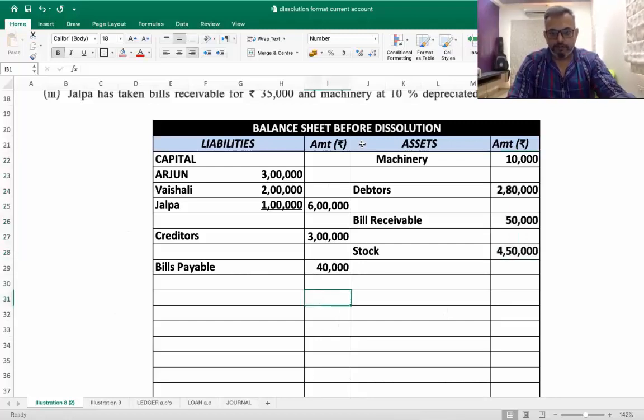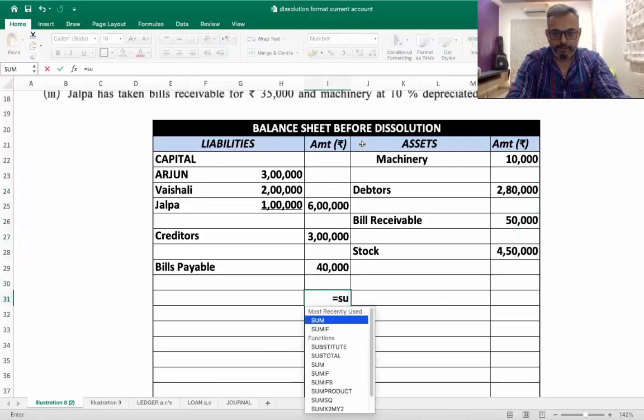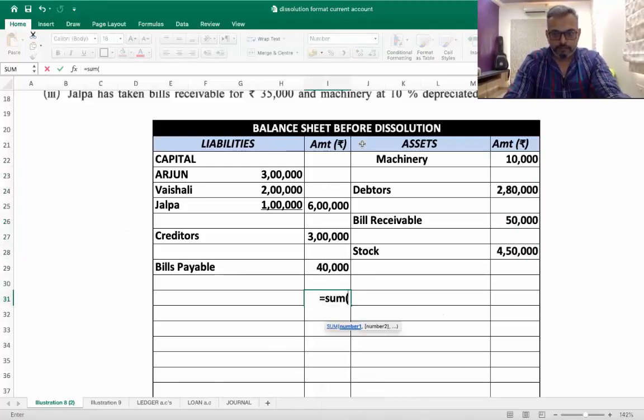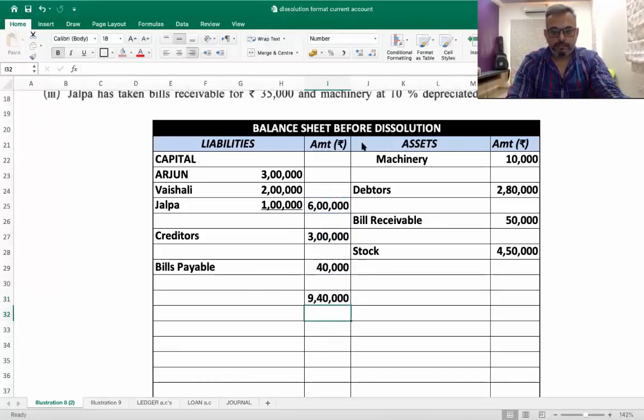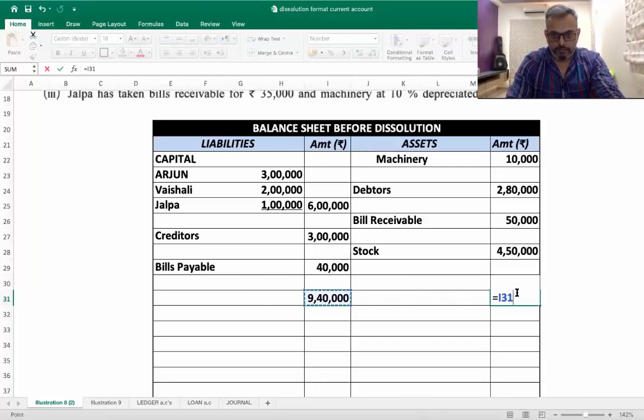So let's do the total of the liability side first. 9,40,000. So double underline this.